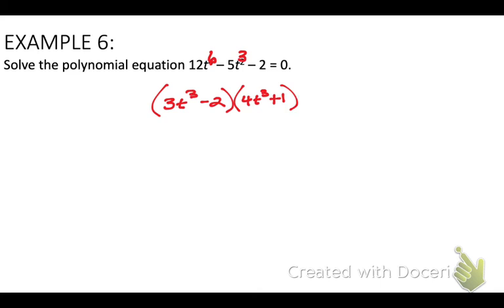And then it would have been t cubed is equal to 2/3 and t cubed is equal to negative 1/4. And then we would cube root both sides. That's a bad cube root. Right? We can take the cube root of a negative, so you would have all real solutions.